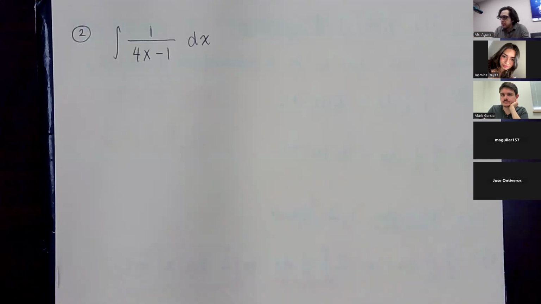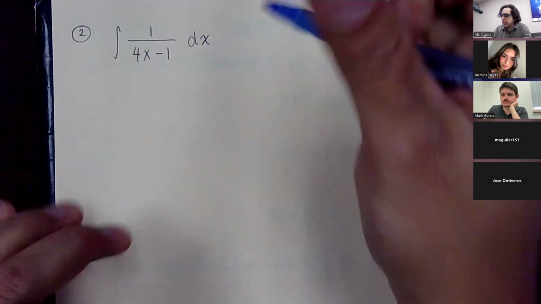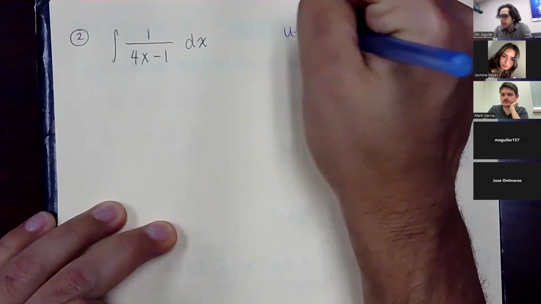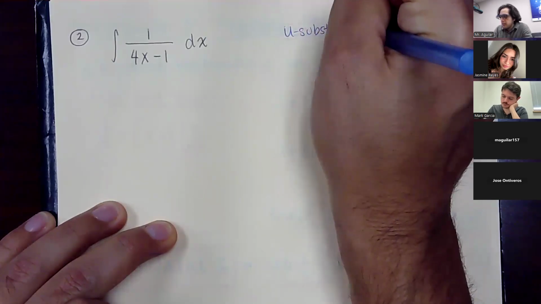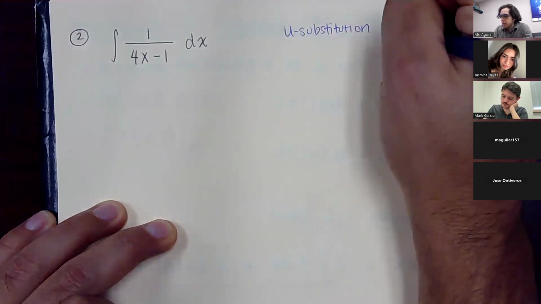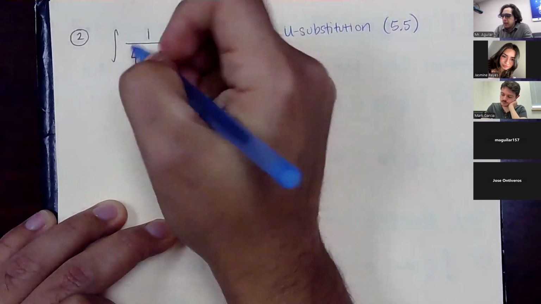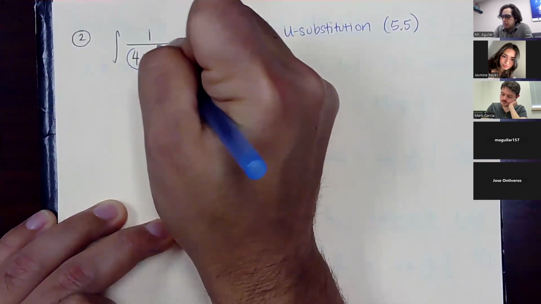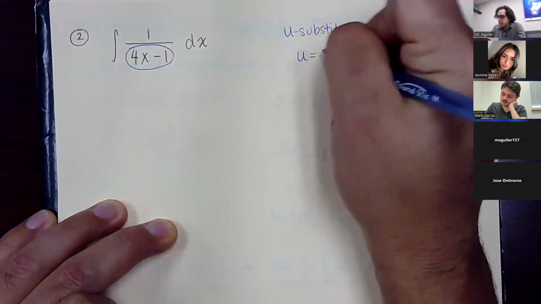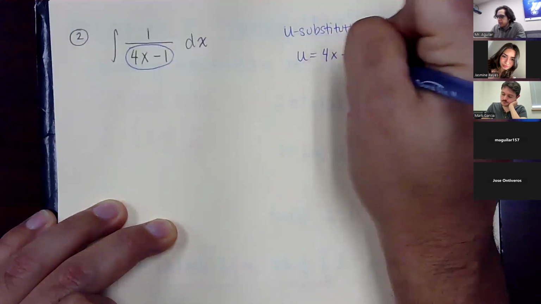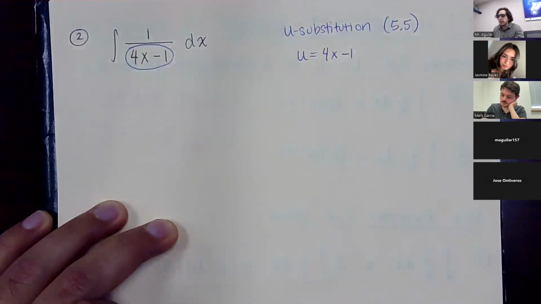So here would be a really nice place to just say, let's use U substitution from section 5.5. And we'll call this thing on the bottom U, for 4x minus 1.